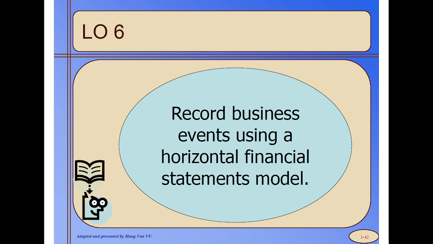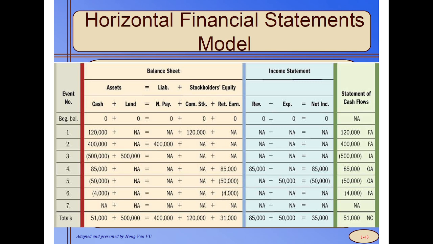So now we look at the last part, the horizontal financial statement model. We use it to record business events, right? So here is the horizontal financial statement model. If you look at all of our transactions here, the first part is the transaction, the second part is the balance sheet, the third part is the income statement, and the final part is the statement of cash flows.